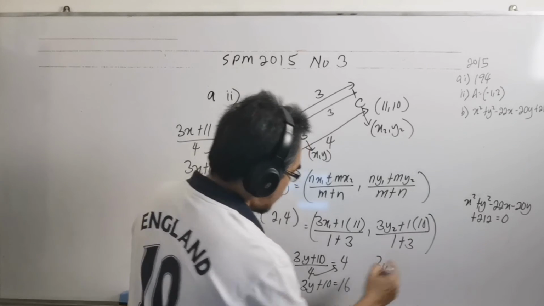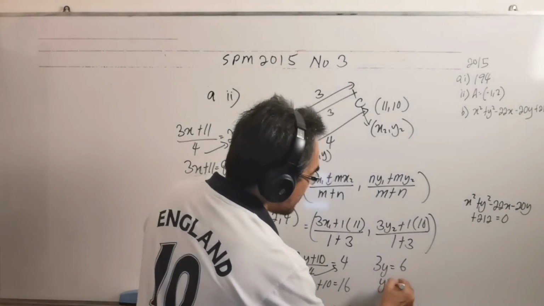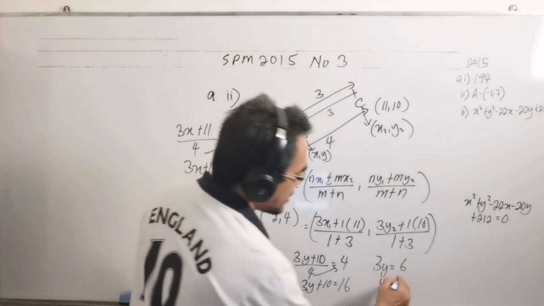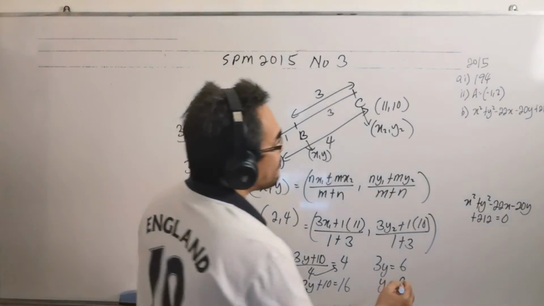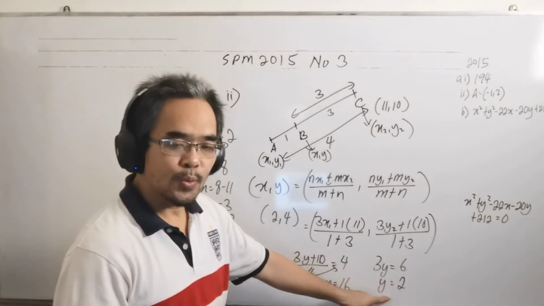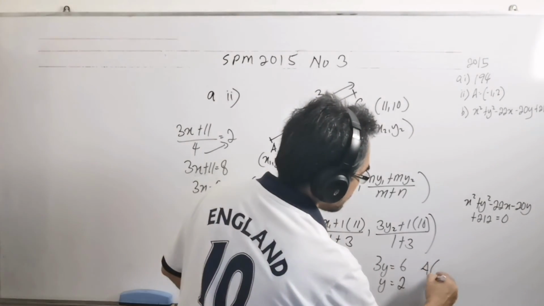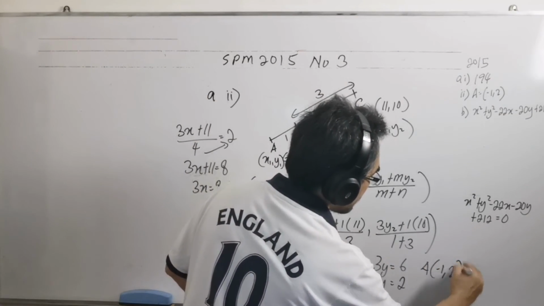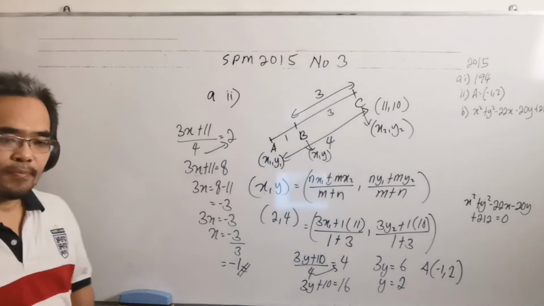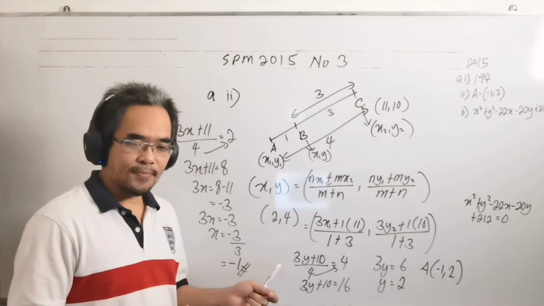We have 3y equal to 16 minus 10, which is 6. So y will be 6 divided by 3, which is 2. So therefore A will be negative 1, 2. Any confusion?